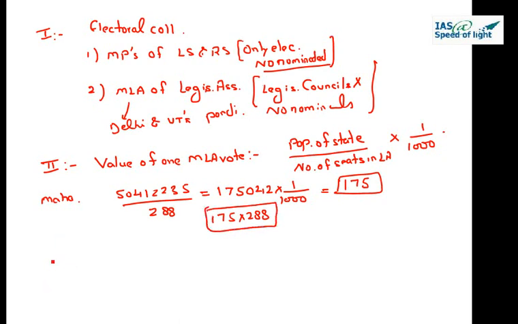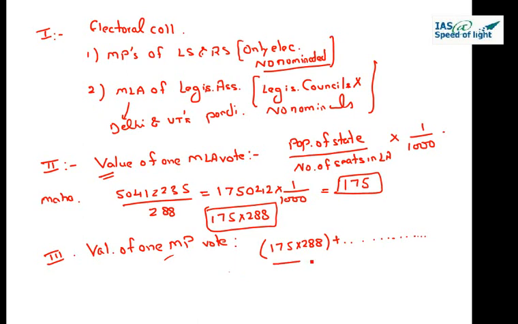Now the third part is, this was the value of one MLA vote. Second is the value of one MP vote. In this case, what we do, like we have done for Maharashtra, 175 into 288. This gives me the total value of the votes of Maharashtra. I'll do this for all the states and add them.